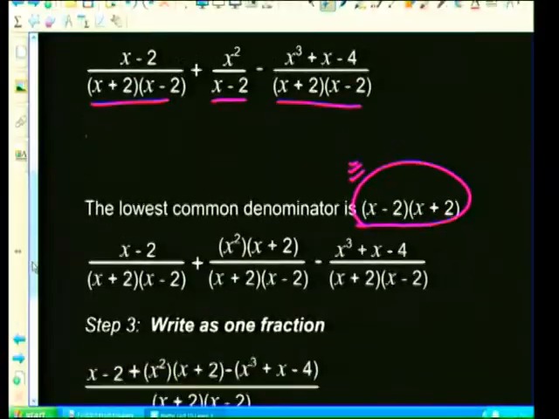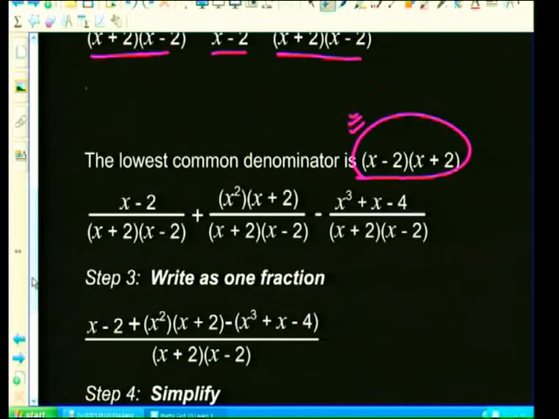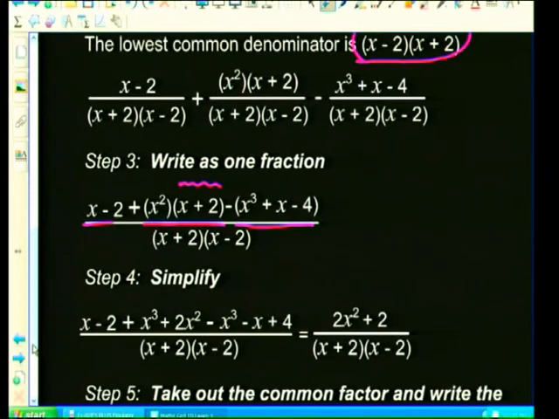So there we have our lowest common denominator, and we're going to write this as one fraction. There's our first term, there's our second term, and it's multiplied by our missing little bit out of our denominator, and there's our third term. We multiply things out, add like terms, and we land up with an answer.